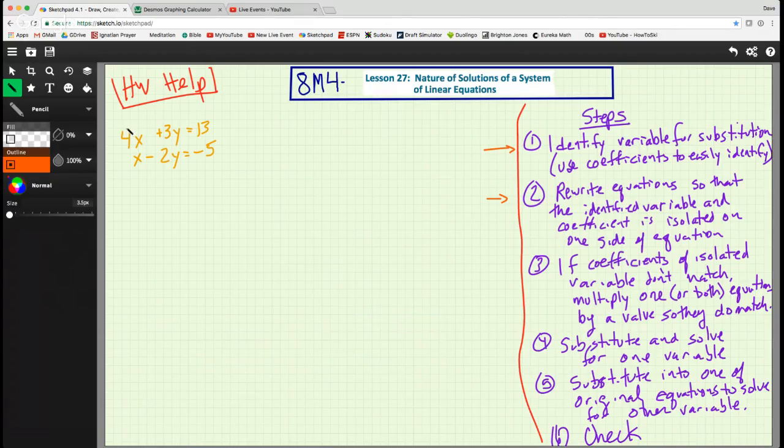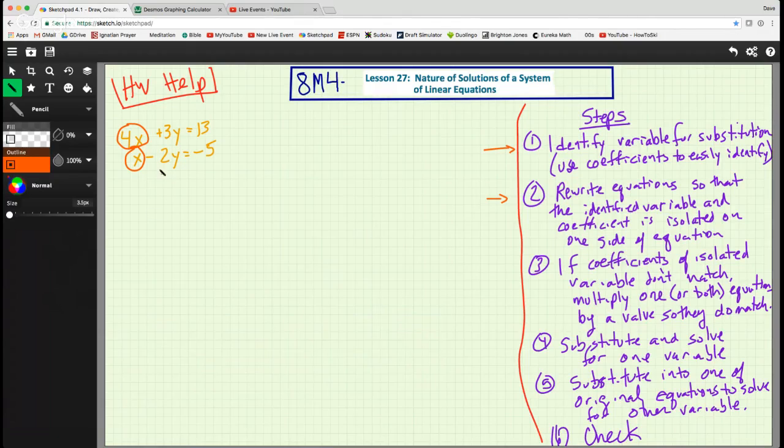I say, well, I know that 4x is 4 times 1x. So I'm going to solve for x's. Because I can't multiply a number by 2 and get to 3, or a number by 3 and get to 2. So that's going to make it harder in my substitution step. So I'm going to solve these guys both for x.